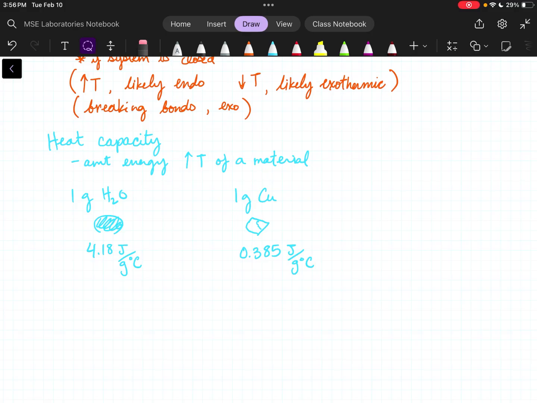What this is saying is that it takes 4.18 joules. That is an energy measurement. When I'm talking about heat, joules is my unit. Okay. For 1 gram of material to be raised by 1 degree Celsius. Gotcha.